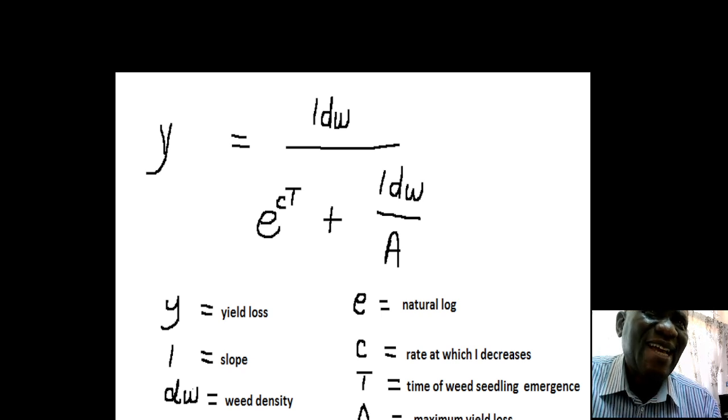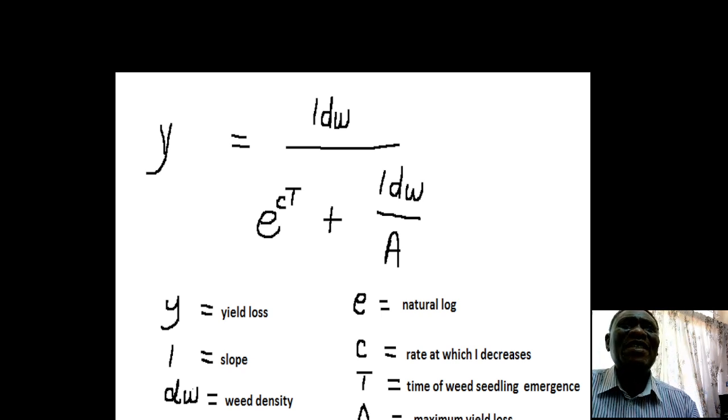Once he had done that, then that equation became very useful to predict crop yield losses. It could take care of the time of weed seedling emergence. So he substituted e to the power of CT for the 1, which was not very good.